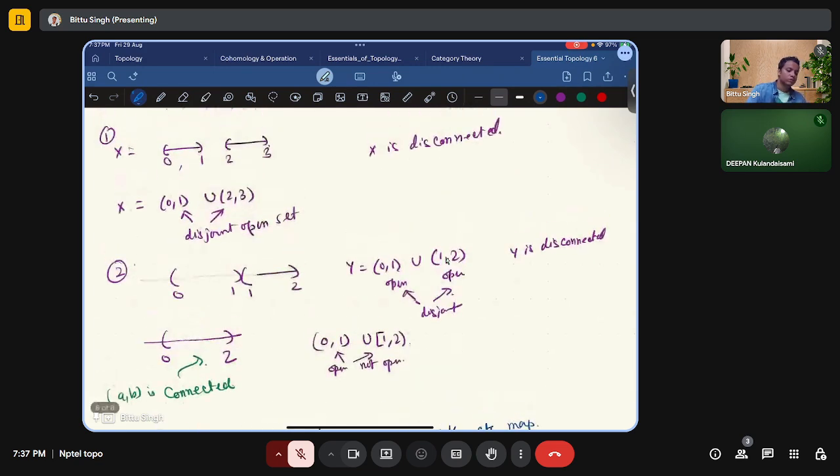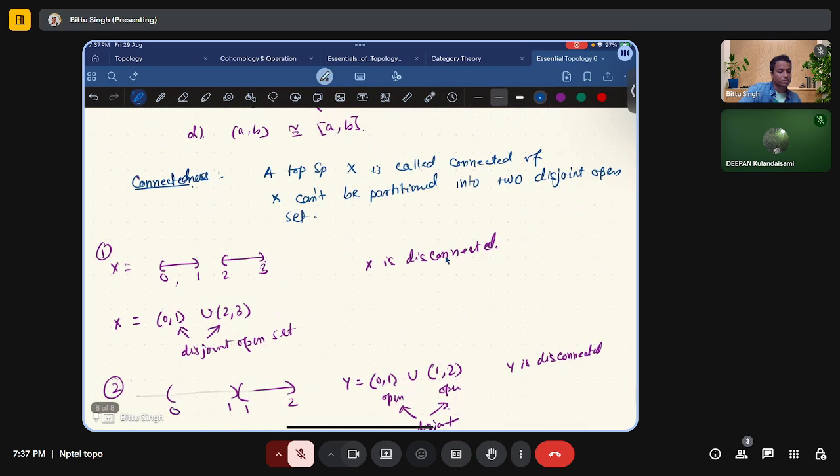Okay. Note that disconnected is easier to define, because X is disconnected means X can be written as a disjoint union of two open sets.